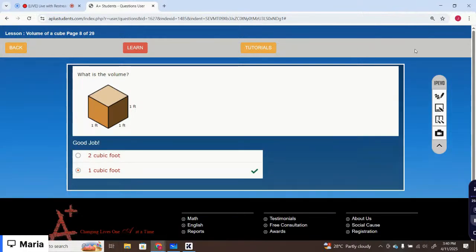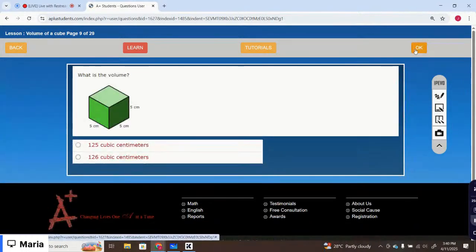Option number 2 is the correct option. 5 times 5 times 5 is 125 cubic centimeters. Okay, you can complete the lesson by yourself today.